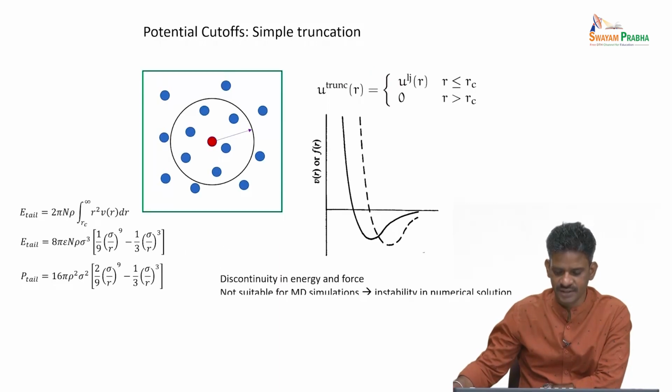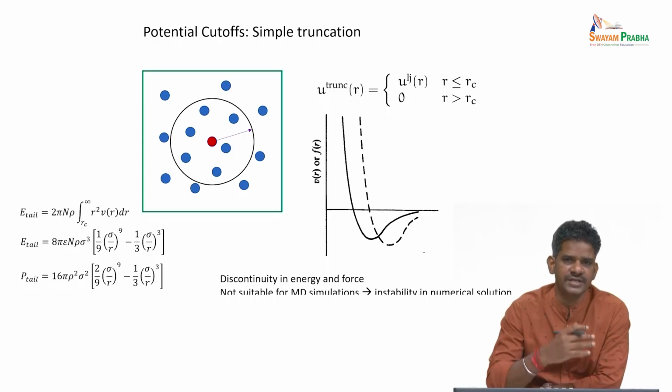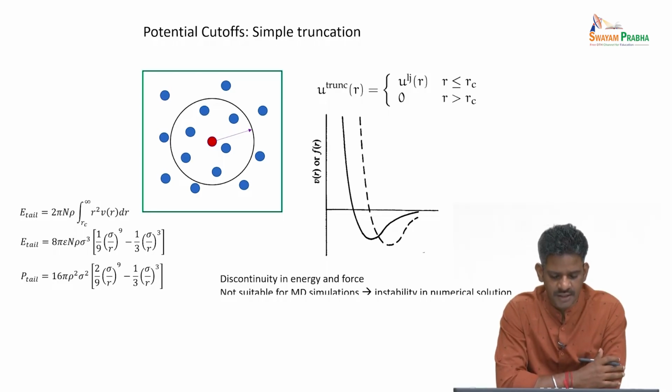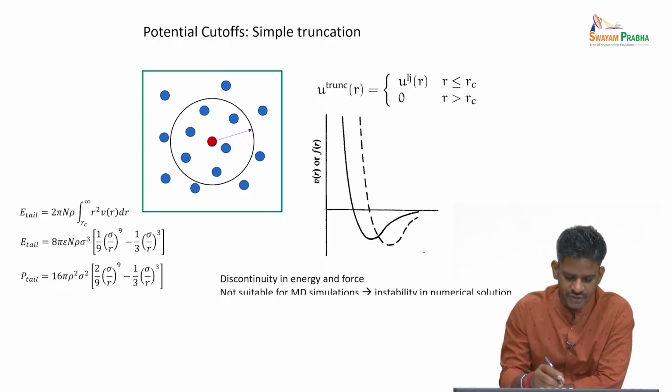One possibility is by using what is called the potential cutoff. This is something we already discussed, because we said that out of this n square order of operations, if the potential is short range, you are not going to expect each molecule to interact with all the other molecules in the simulation box, but rather the potential is influencing only up to a particular distance, which is shown here.